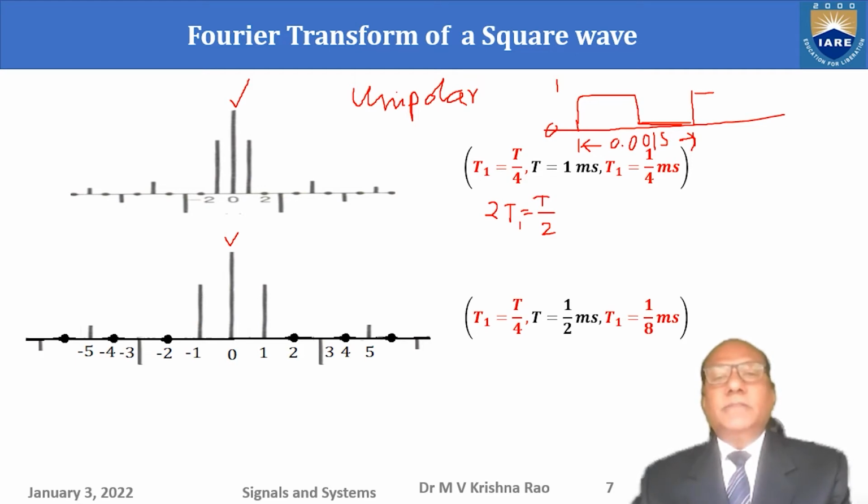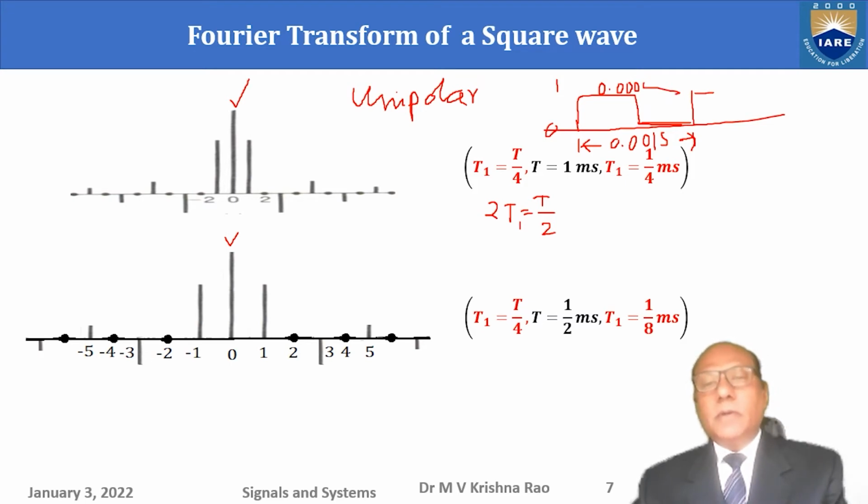On period is T by 2, that is nothing but 0.5 milliseconds, that is 0.0005 seconds. Sorry, directly these are seconds only.